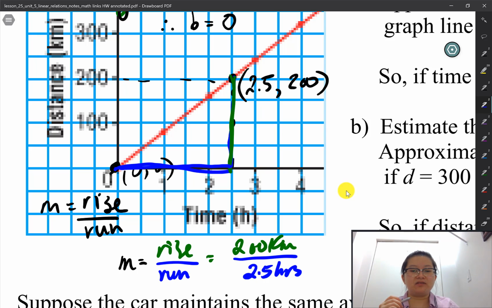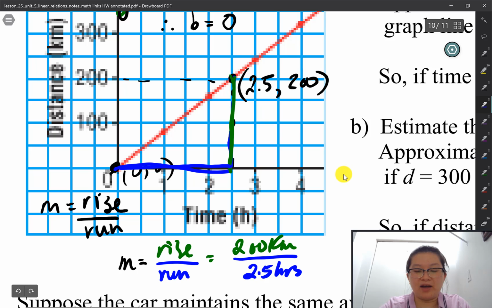If you think about it in terms of the context of the slope, the steeper my slope, the higher I have to rise per 1 unit of my run. If I'm not as steep, I'm not rising as much compared to if I have a steeper slope.